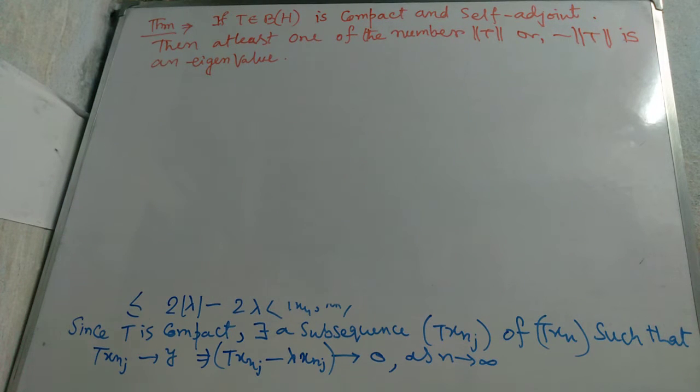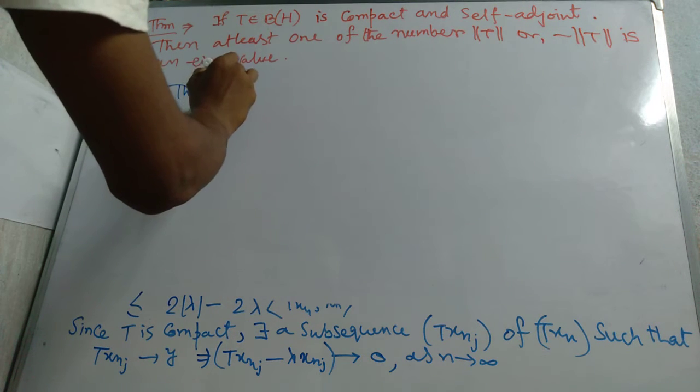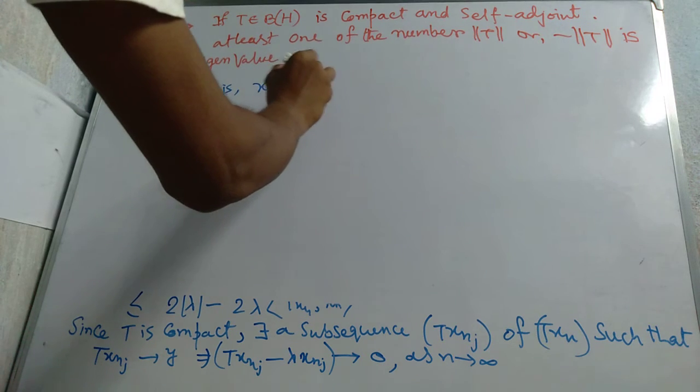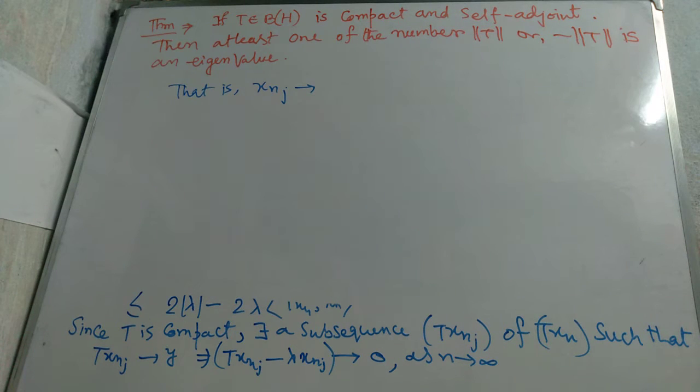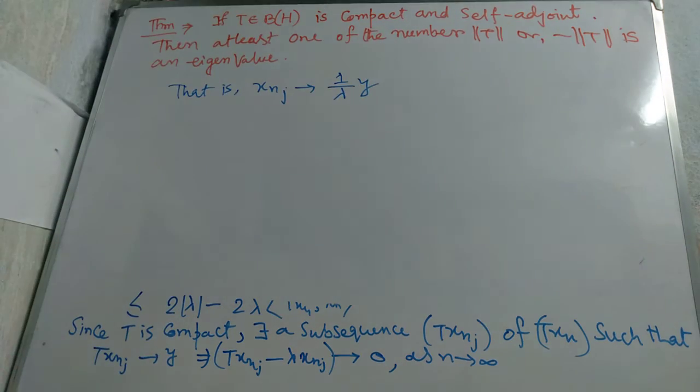Then what we write here, that is, x_nj converges to 1 by lambda y.